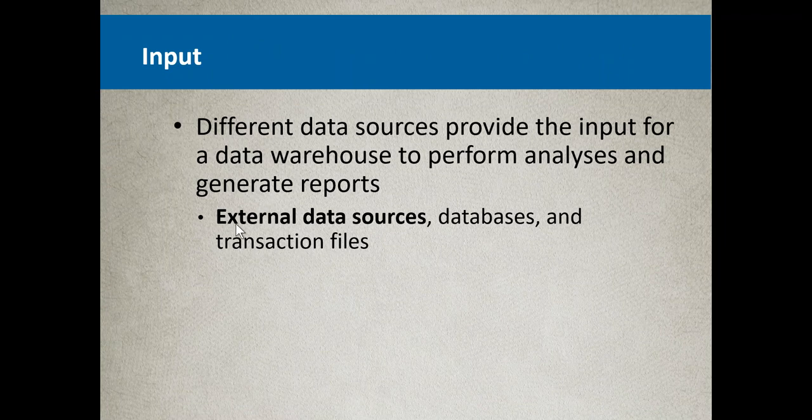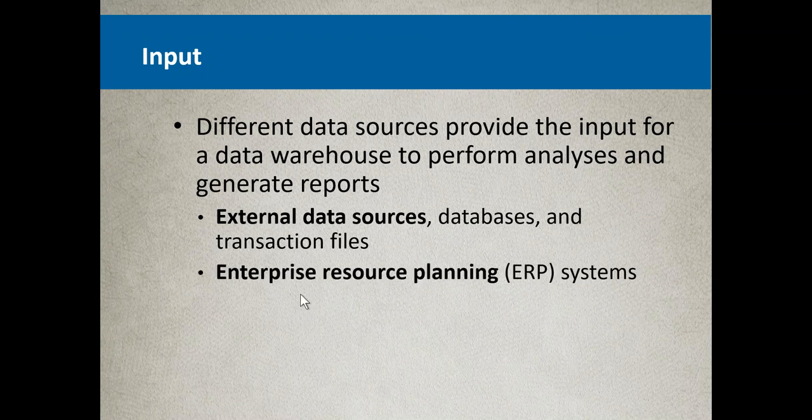Now, you can get there through external data sources, as I've just alluded to, and your own transactional files. You can also access things called Enterprise Resource Planning, or ERP. We'll spend a little time talking more about ERP systems, because a lot of companies have their management information systems embedded within these larger enterprise resource planning systems. It's part of a bigger picture.